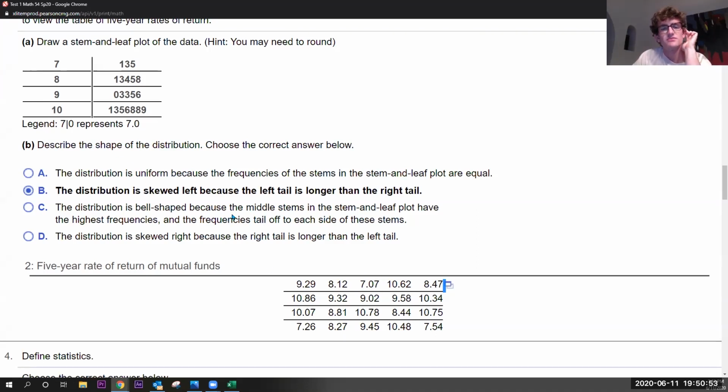You have to round this to the tenth place. So 7.07, you have to consider it to be 7.1. So you put the 1 here. You can't put decimals in the stem and leaf plot, so we always round it. So 7, 0 represents 7.0.